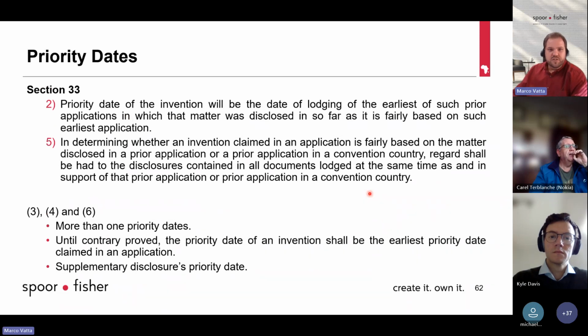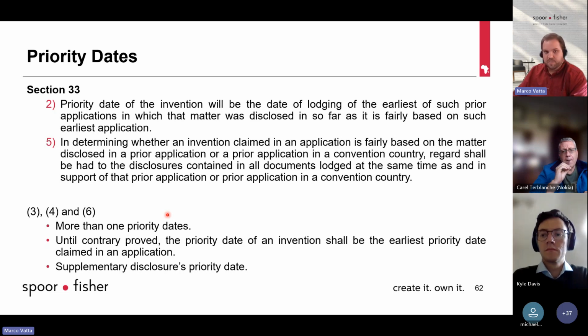Okay, section 33. A lot of what we have discussed you know already, just that the priority date of the invention will be the date of lodging of the earliest of such prior application in which the matter was disclosed, insofar as it's fairly based on the earliest application. And then in determining whether an invention claimed in an application is fairly based on the matter disclosed in the prior application or prior application in a convention country, regard shall be had to the disclosures contained in all documents lodged at the same time in support of the prior application.